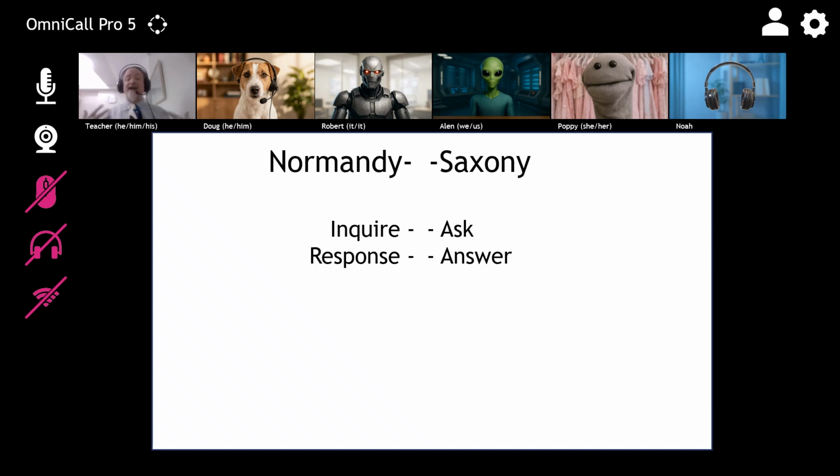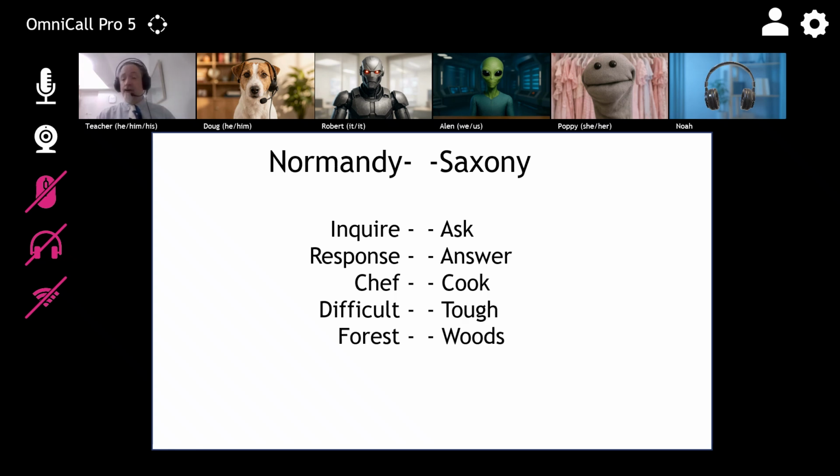This is why English has two words that mean the same idea, one from Normandy, one from Saxon. Chef, cook. Another example, difficult, tough. Forest, woods. Street, road. Double, twin.